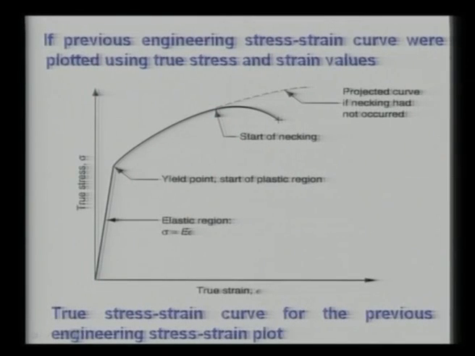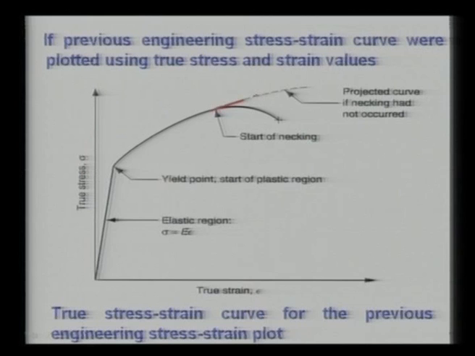Now coming to the concept of the true stress true strain curve. What you have seen here is that the engineering stress strain curve is based on the initial original cross sectional area, but the true stress true strain curve is based on the instantaneous cross sectional area.